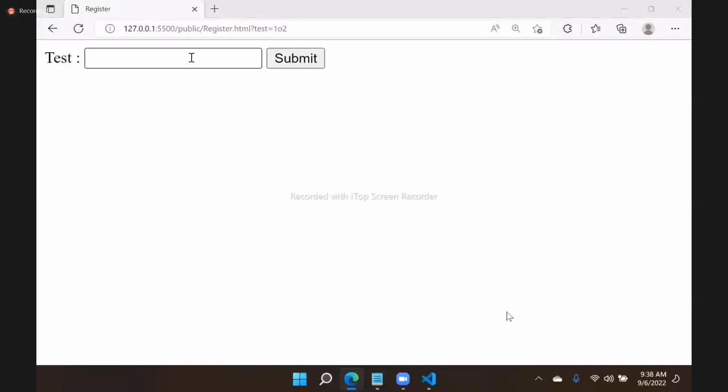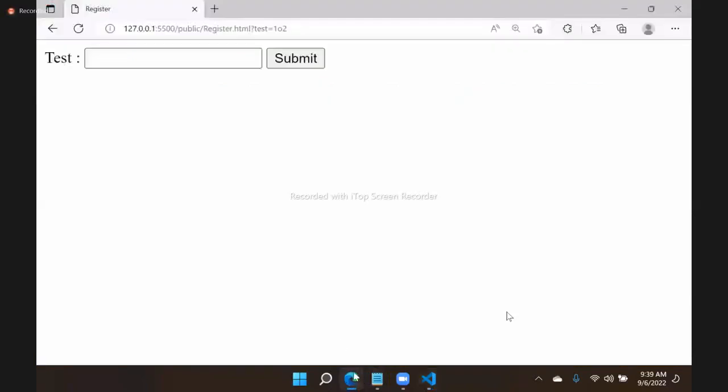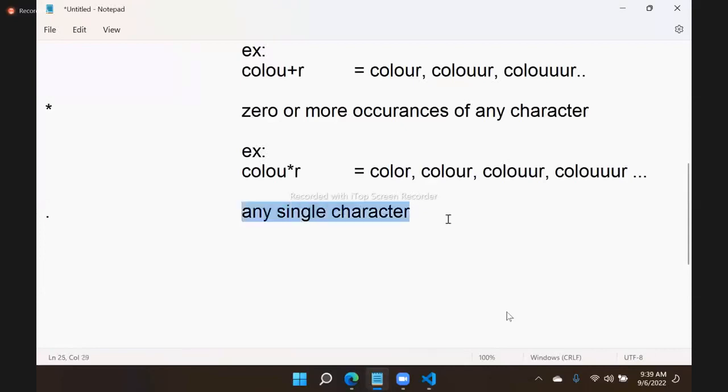So here we have to configure by using meta characters. The meta characters are configured by using this. So what is this dot? Any single character. Suppose we configure an example like this: dot O dot.